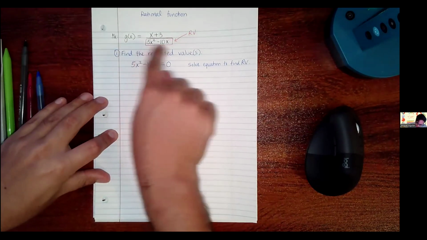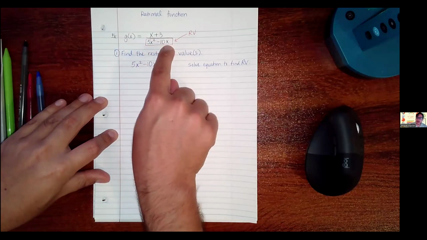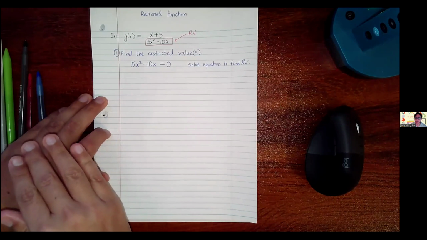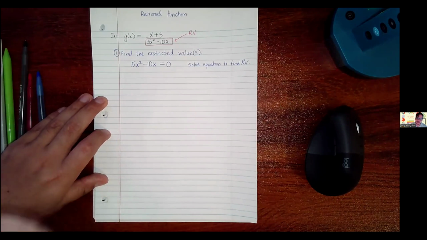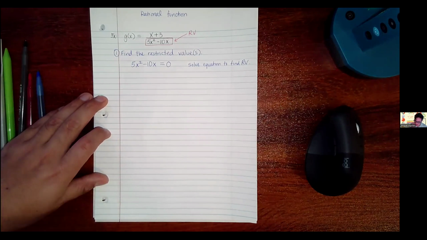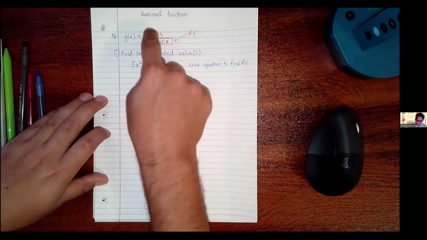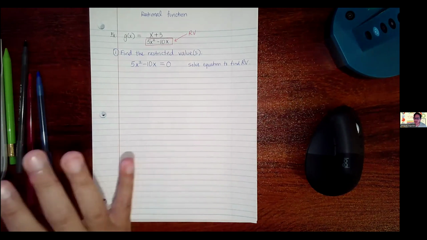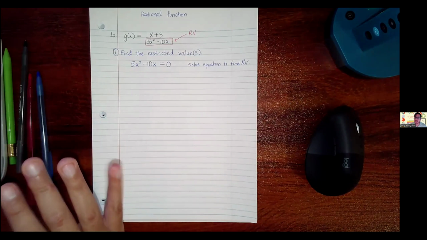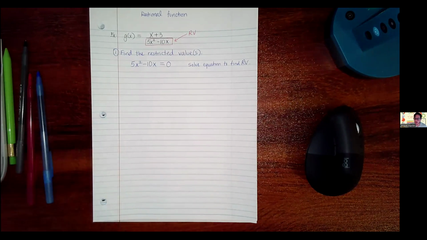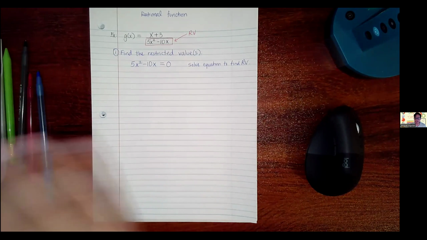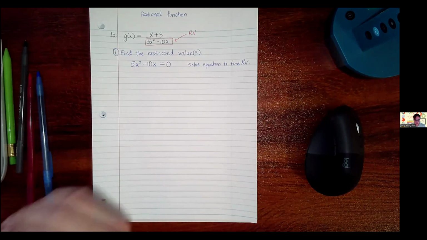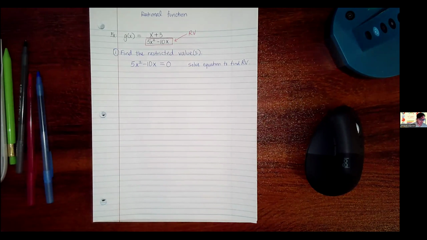So we should never have a 0 in the denominator. I don't care about the numerator at all for this problem. And one mistake that students make every semester is that some people will just say, oh, I need to set the numerator equal to 0. No, we don't need to look at the numerator to answer these questions. You would be doing more work that's pointless. So don't focus on the numerator here. For restricted values, you only care about the denominator.